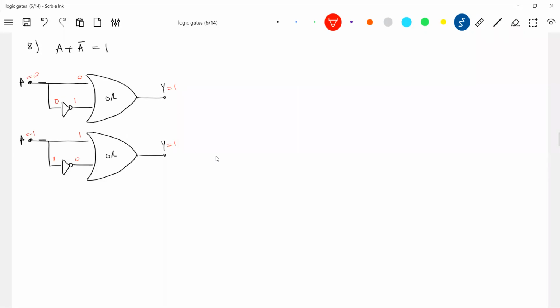So whether A is high or low, the output is independent of input.